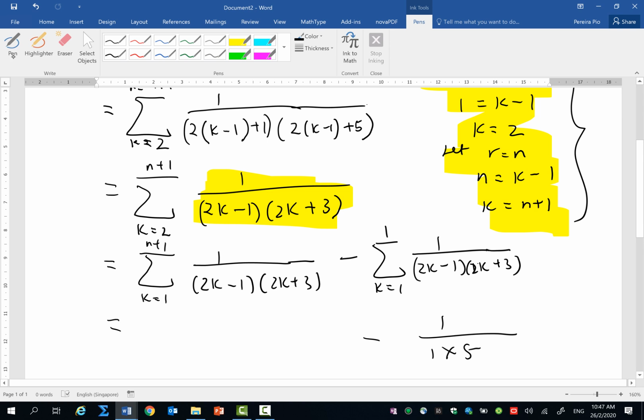So what would be the final answer? This is 1 over 3 minus 1 over 4 times, now this was 2n plus 1, so it's 2n plus 1 plus 1, minus 1 over 4 times 2 times n plus 1 plus 3.